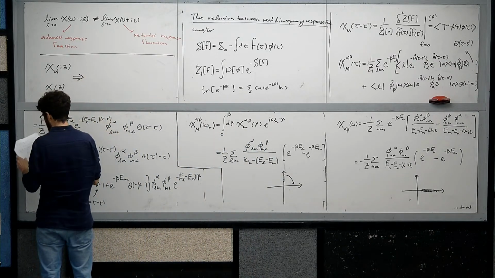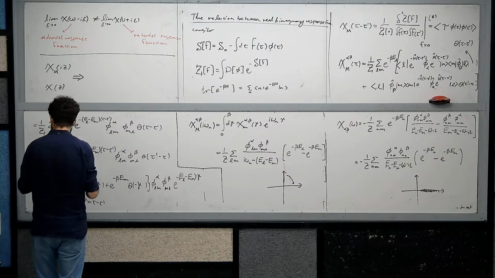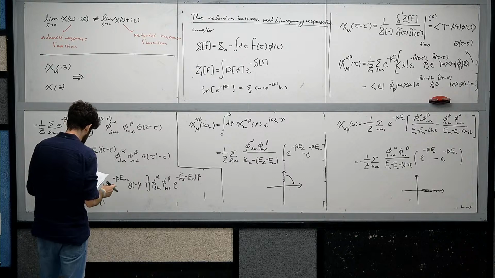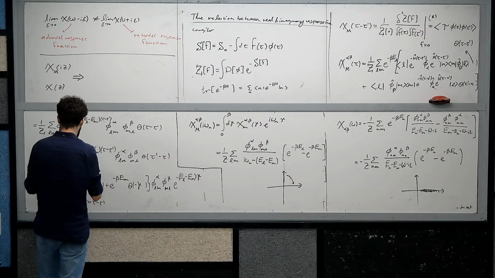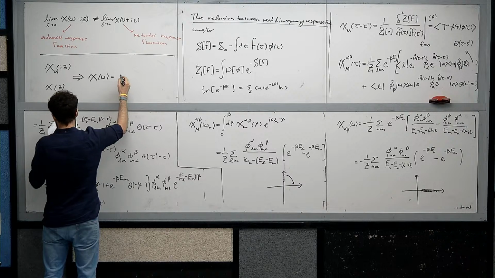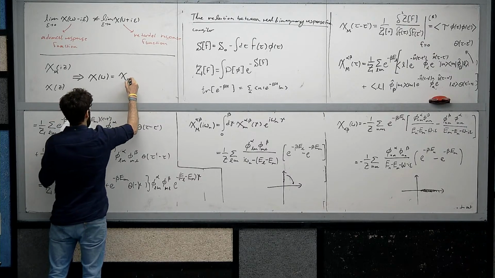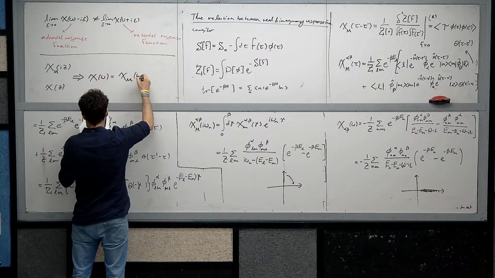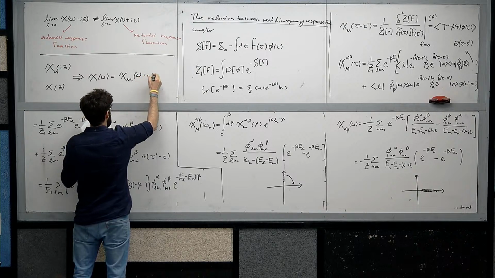So from here, we conclude a very valuable relationship. Yes, okay. That chi of omega is equal to chi_M of omega plus i epsilon.